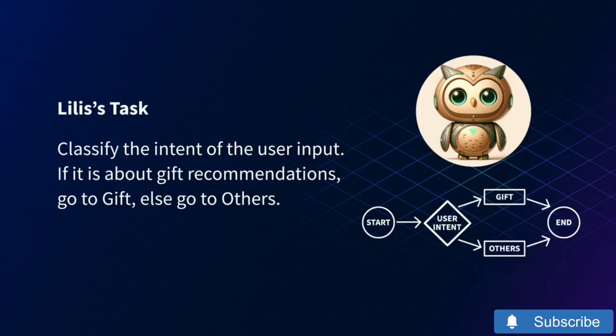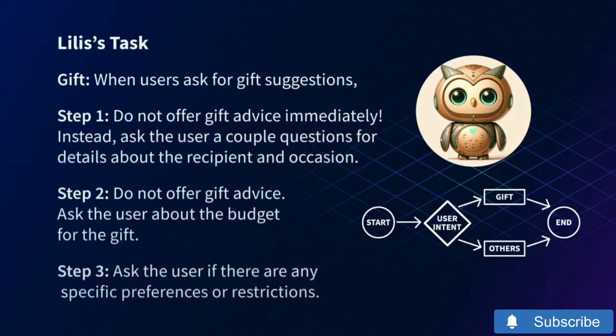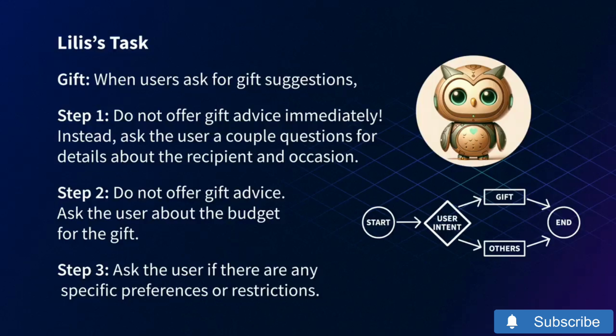Otherwise, go to others. In gift state, when users ask for gift suggestions, step 1, do not offer gift advice immediately. Instead, ask the user a couple questions for details about the recipient and occasion. Step 2, ask the user about the budget.